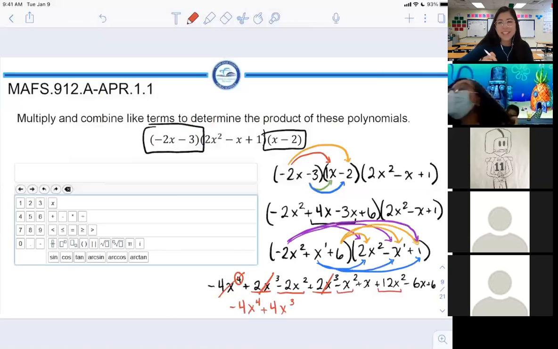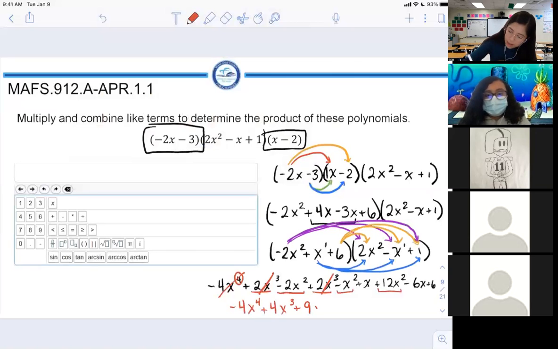All right, somebody else. What do I get? Negative 2 minus 1 plus 12. Good, 9. So plus 9x squared.